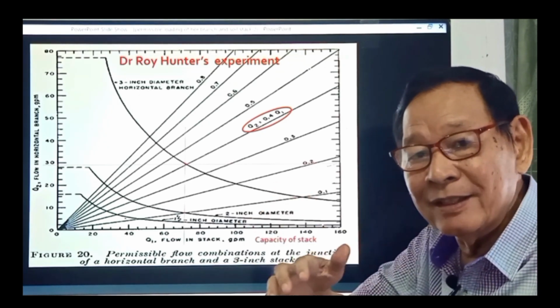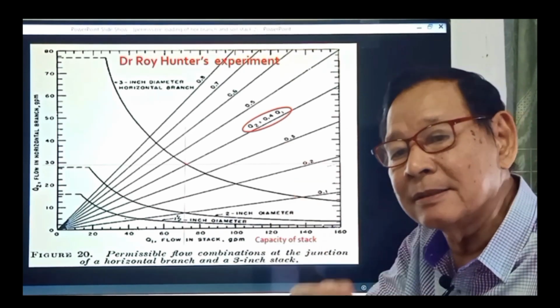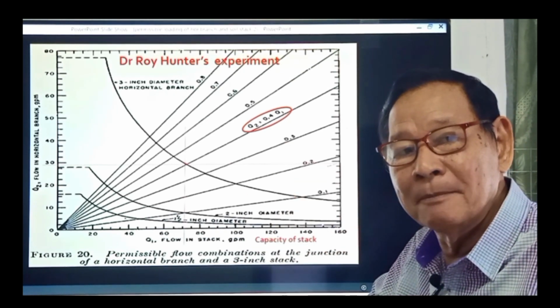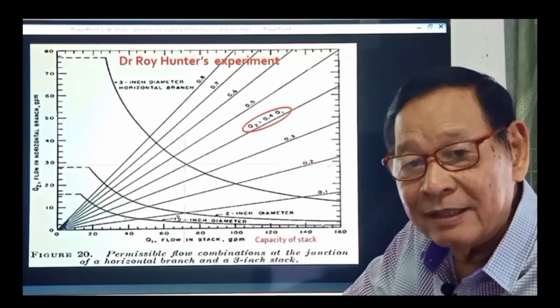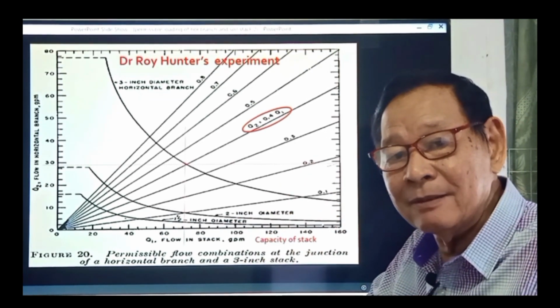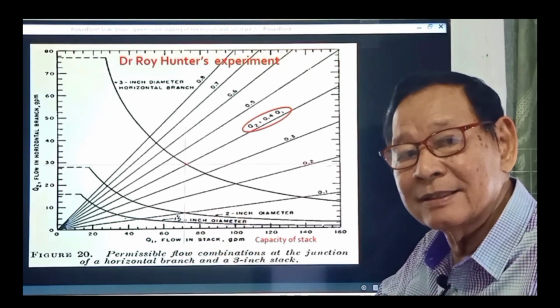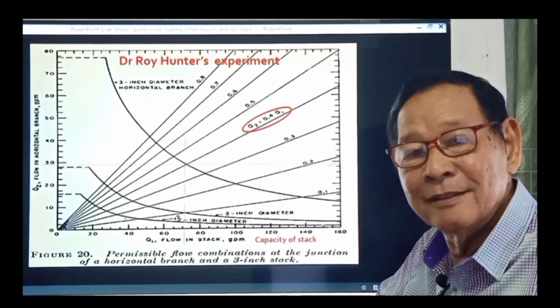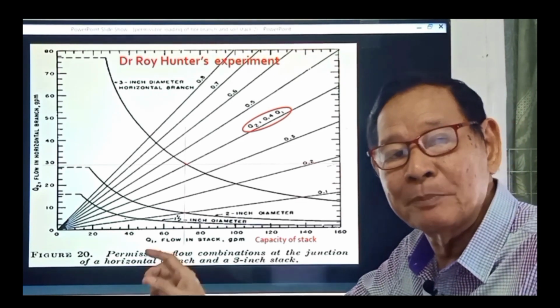But we ourselves are given already the table na parang you just pick it up and eat it. But if you want to test it, you go to the kitchen and see what is the recipe there, what are the ingredients involved. This is what Dr. Hunter is doing, to know what are the ingredients involved, to know what are the principles inside.